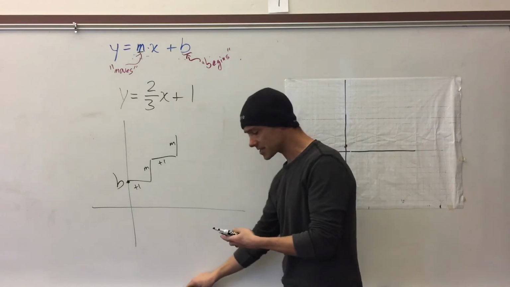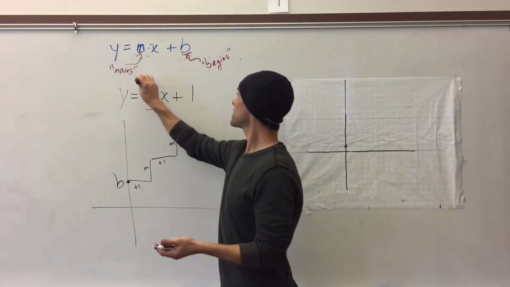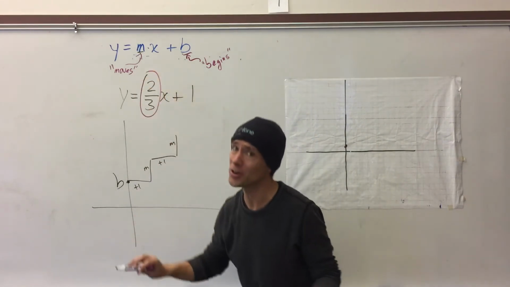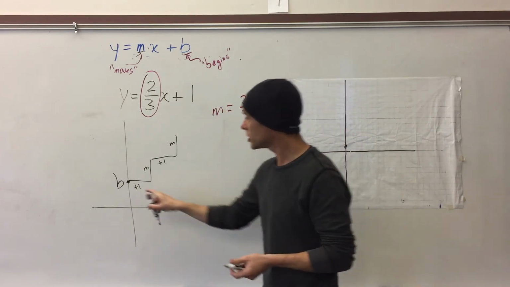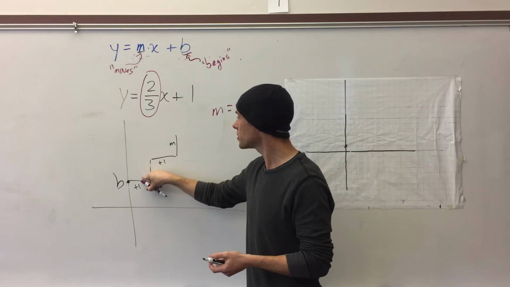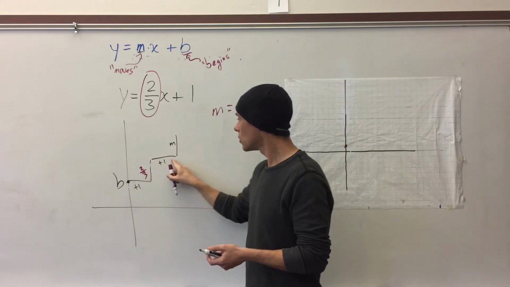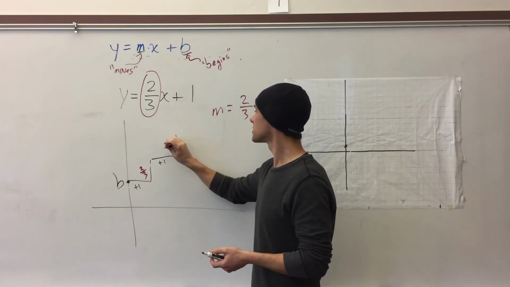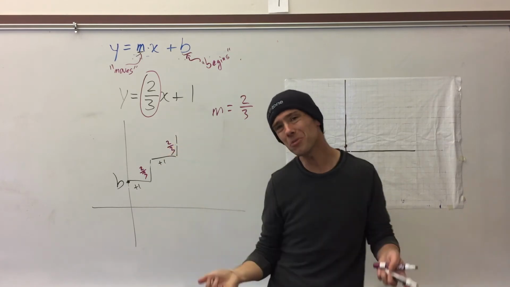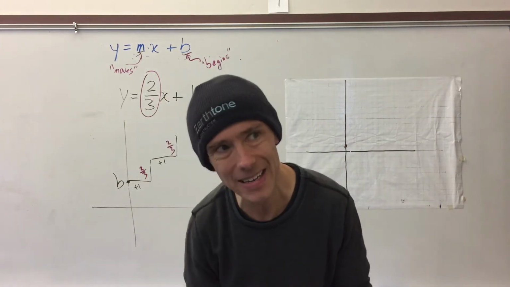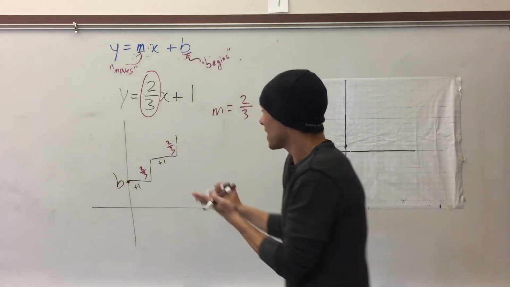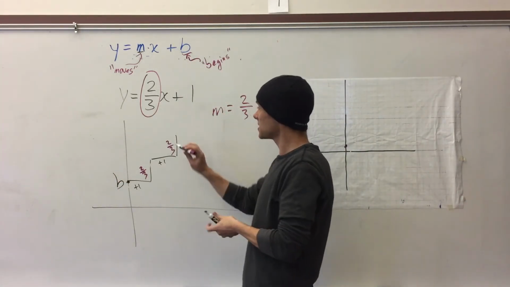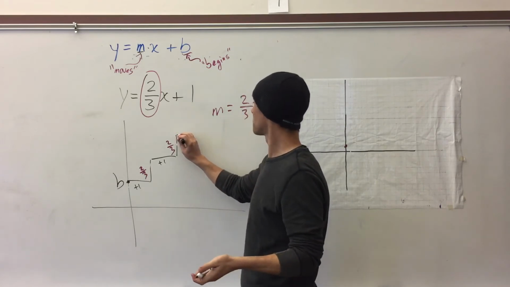So in this case, m is equal to 2/3. You could go over 1, up 2/3. Over 1, up 2/3. The problem is that when we're graphing by hand, we kind of like integers because we know exactly where they are. I don't know exactly where 2/3 is on a piece of graph paper, right?